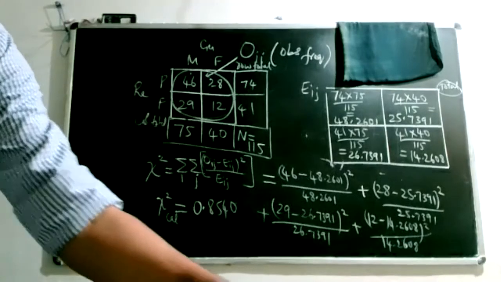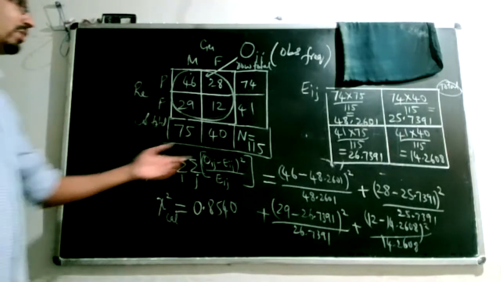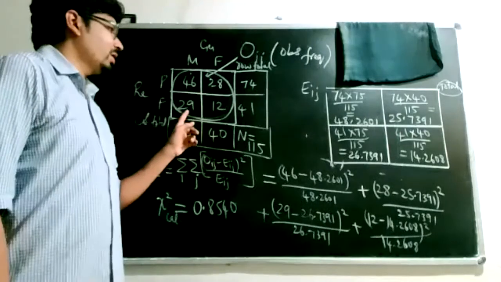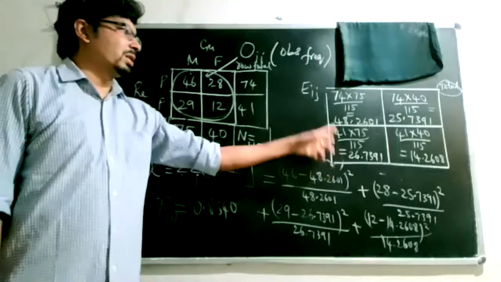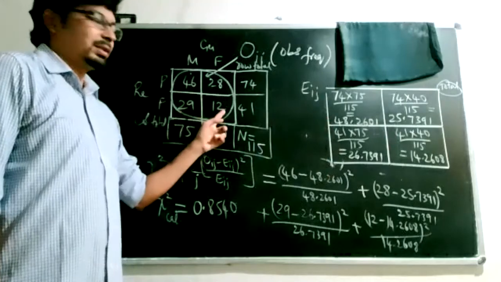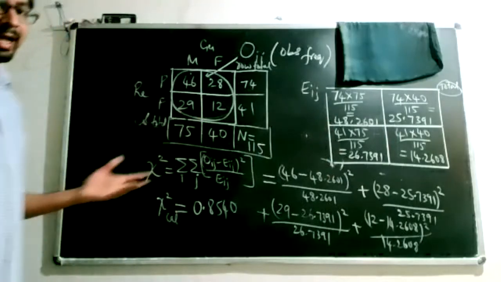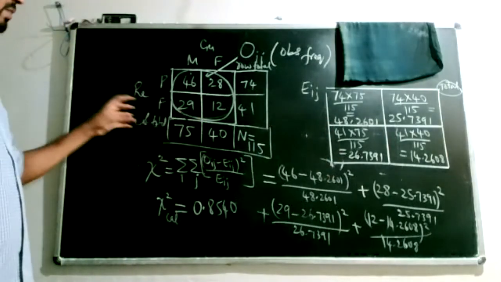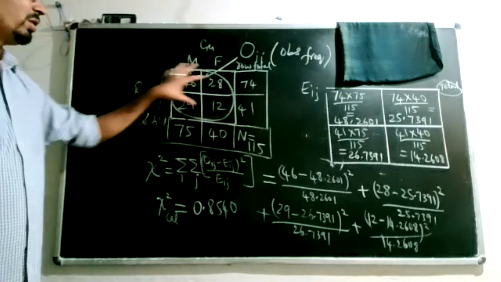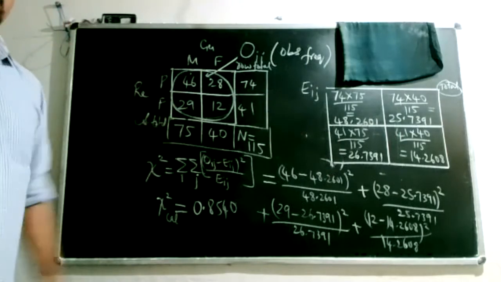So just by looking into EIJ, we can conclude. If you look into the numerical values of OIJ, EIJ, in almost all the cases, they are very close. 48 and 46, 25 and 28, 29 and 26, 12 and 14. So if that happens, what we are observing in nature and what we are expecting are almost the same.